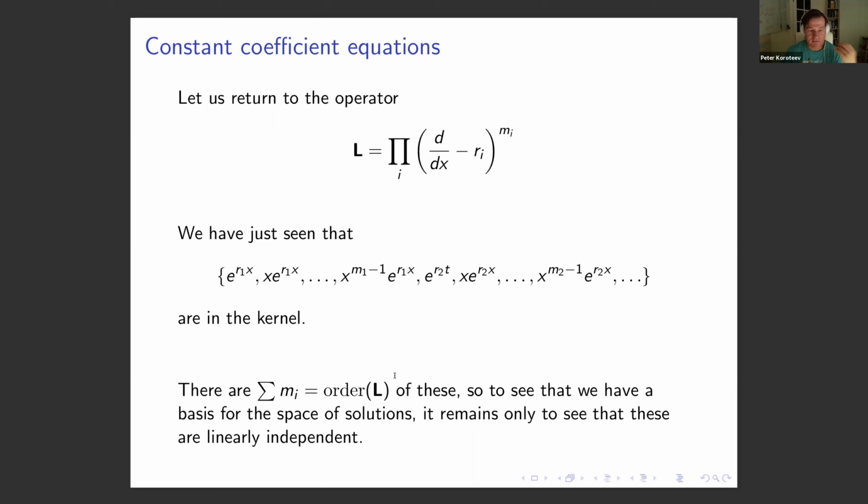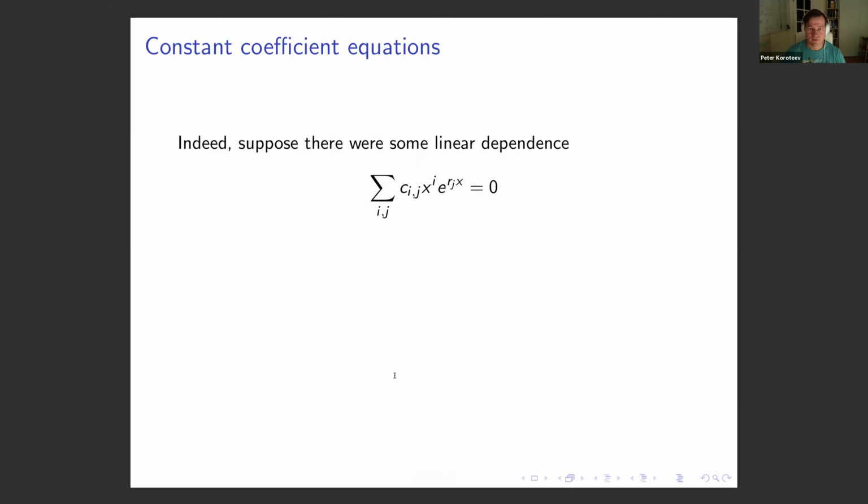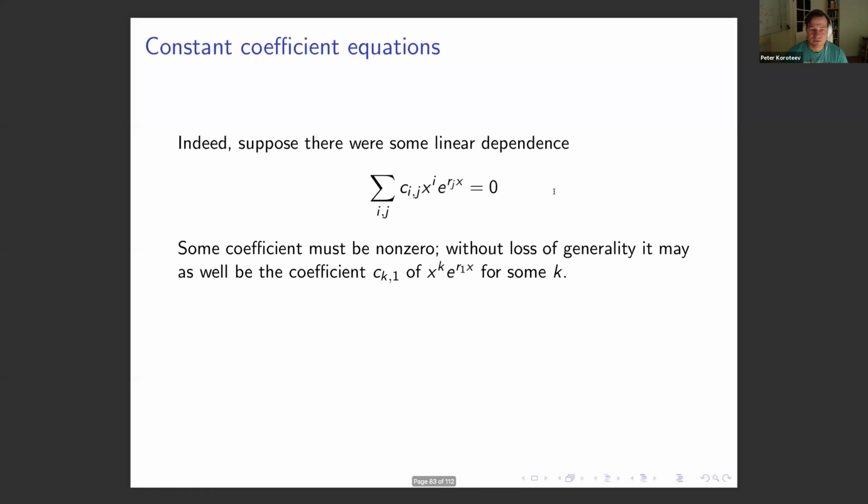To see that we have a basis of the space of solutions, it remains only to see that these functions are linearly independent. Well, it's kind of obvious, but nevertheless, let's prove it. Suppose that we can actually write down some non-trivial linear combination with coefficients c_ij which is equal to 0, and some of them are non-zero.